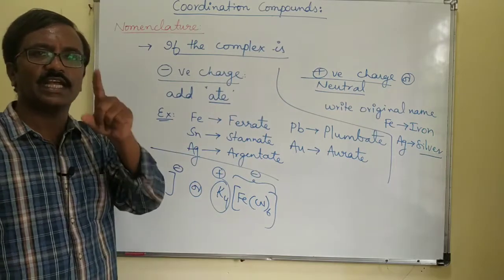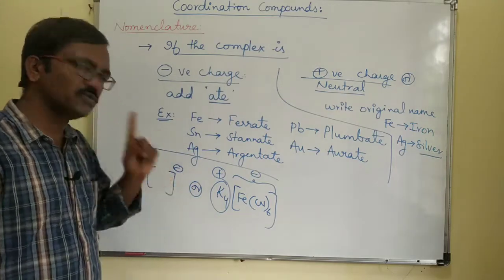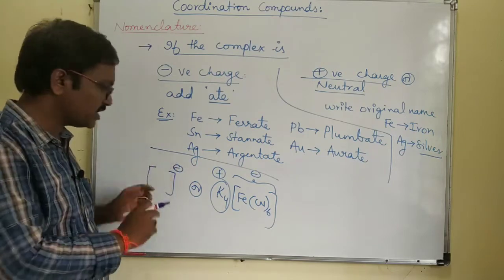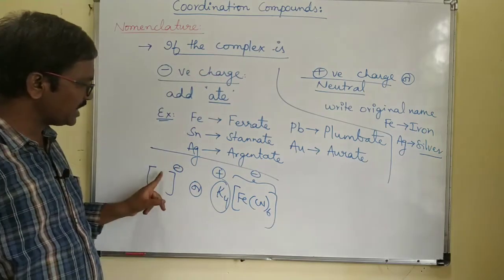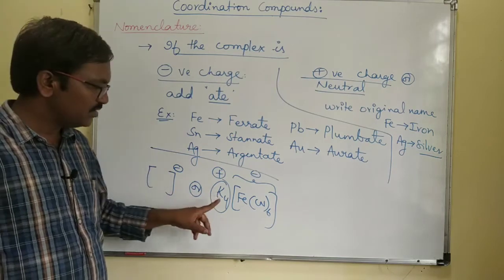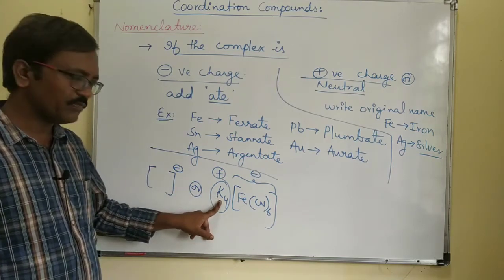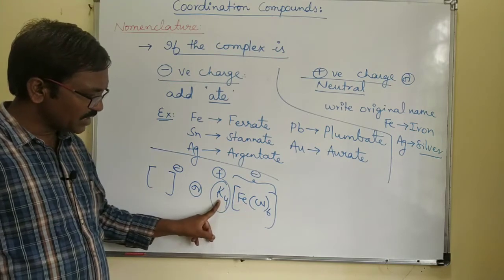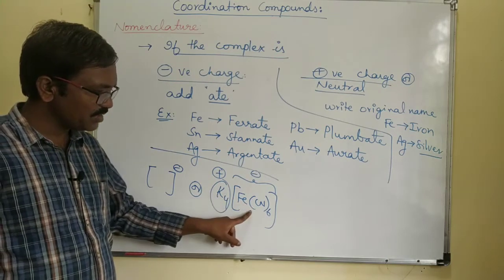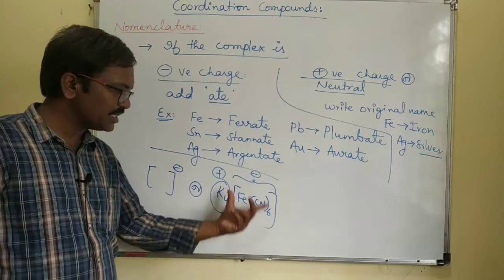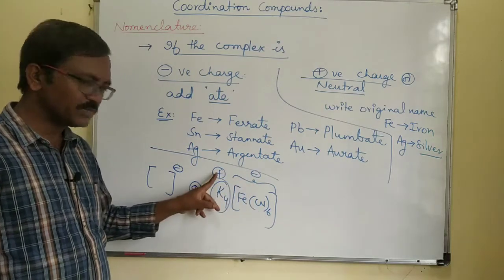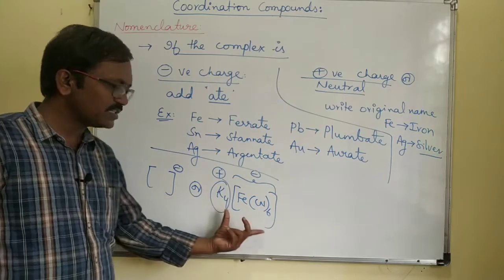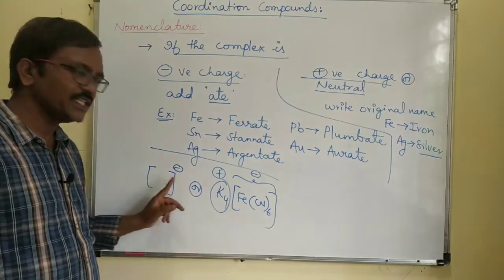Negative charge is possible in two conditions. If it is a simple complex, they will give a negative charge, that means the complex has a negative charge, or they have given a first group A element or any element with the complex. If the positive charge comes followed by the complex, the complex will get the negative charge, and this metal atom gets the positive charge. So in either this case or this case, the complex has the negative charge.